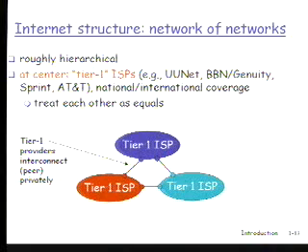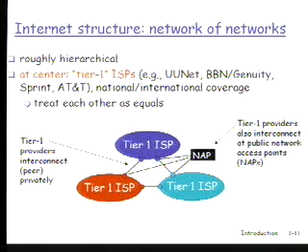So this creates the first level connection between tier 1 ISPs. So Sprint or AT&T will have peering points where data that's flowing from the Sprint network intended for the AT&T network gets exchanged. There are also these so-called NAPs, or public network access points, where these tier 1 ISPs can exchange data between each other.